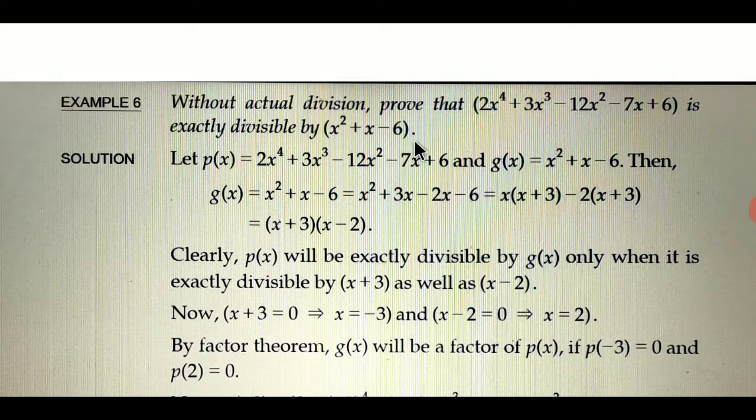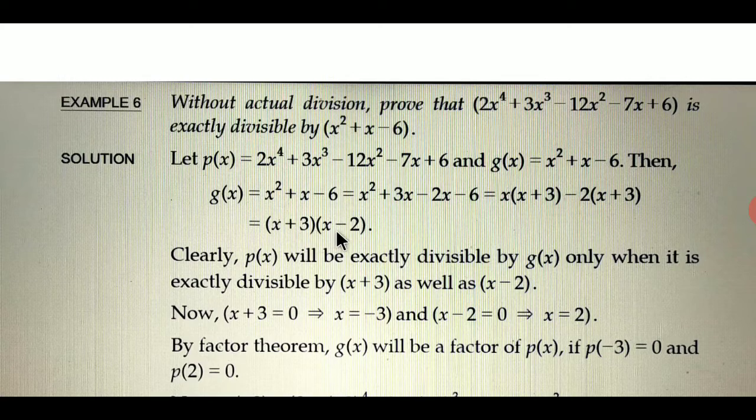So what we have to do? First of all, we have to take this polynomial to be p(x) and this polynomial to be g(x). That's why you have considered it. Now we can easily factorize this one. So g(x) equal to x square plus x minus 6. If we factorize, we'll get (x plus 3) into (x minus 2).